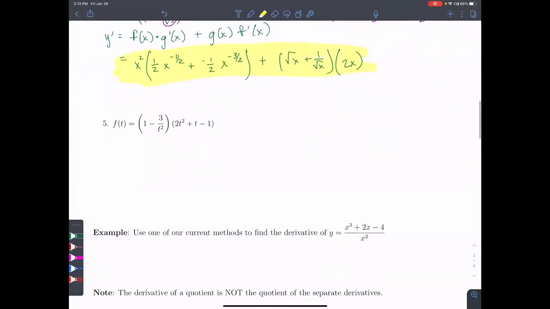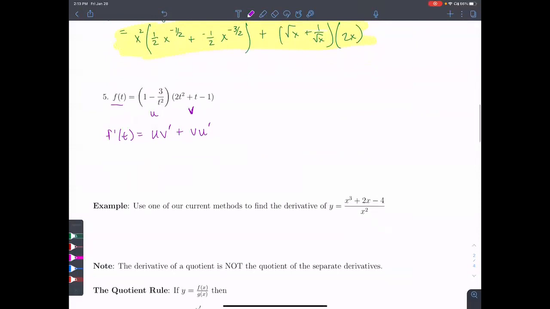Okay, and then number 5, this is f again, so this is u and this is v. So f prime of t would be u times v prime plus v times u prime. Put that out some here.